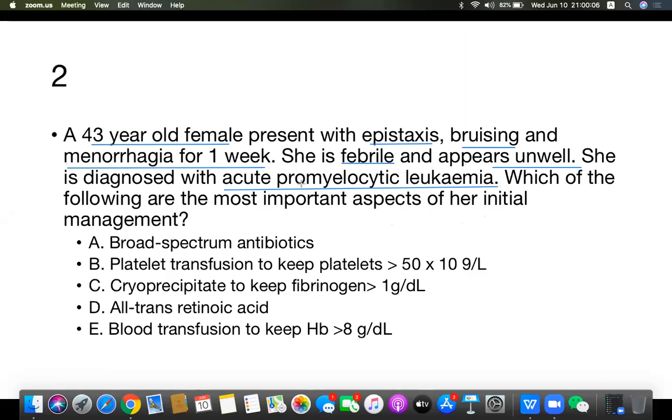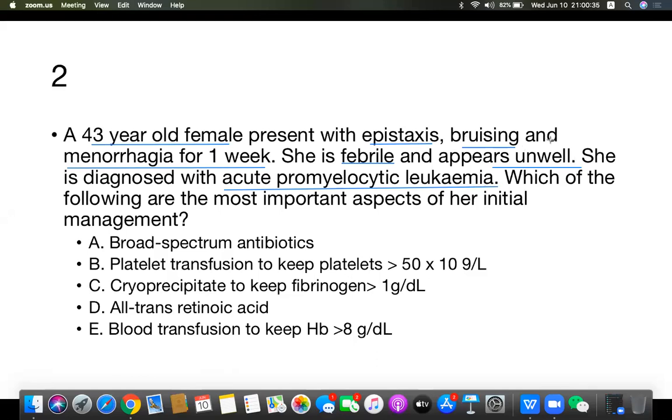Now, let's analyze this first. This M3 or acute promyelocytic leukemia has one very common complication, that is DIC, disseminated intravascular coagulation, and during the treatment we have to use ATRA, all-trans retinoic acid. So D is definitely a correct option, but many others are also correct because she is bleeding from everywhere.